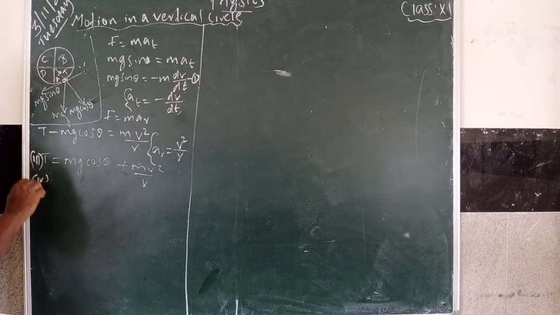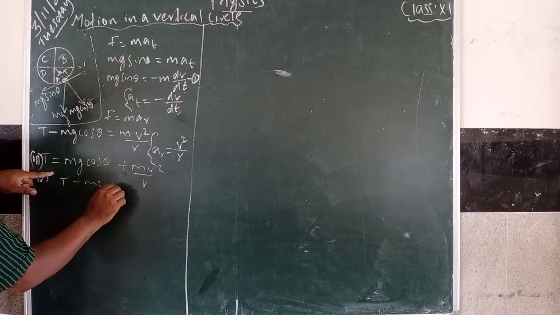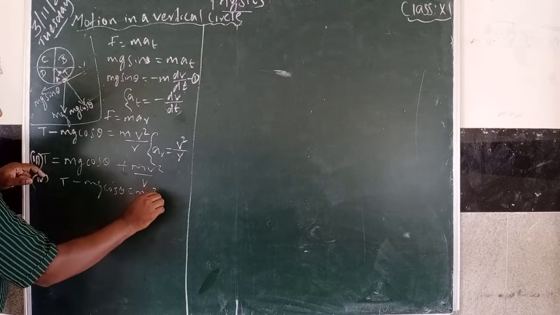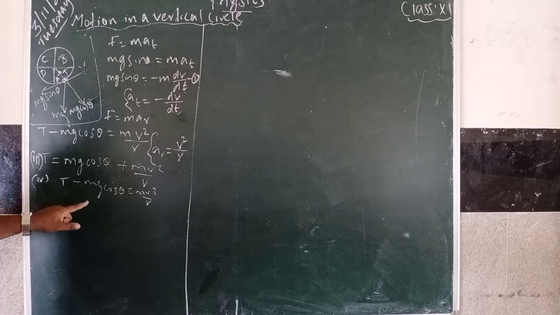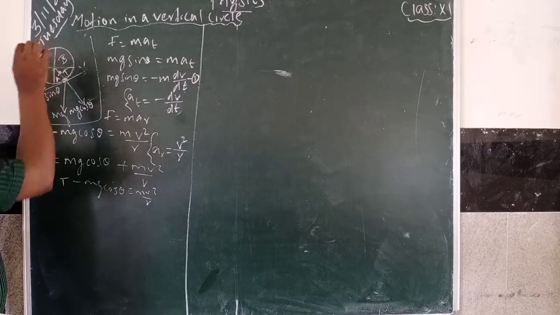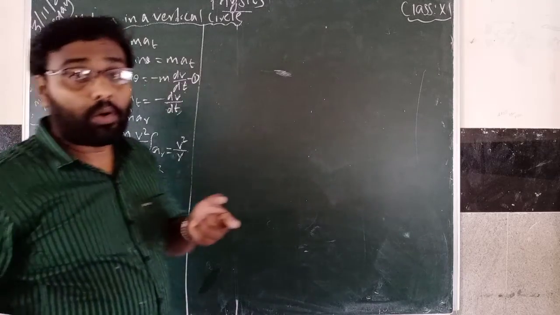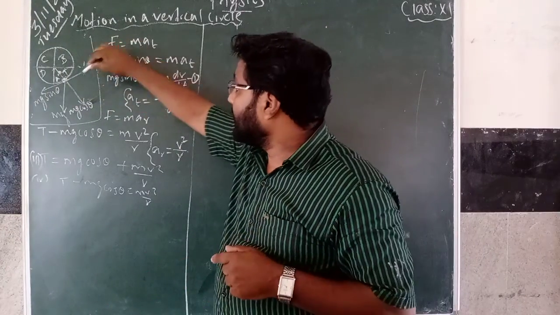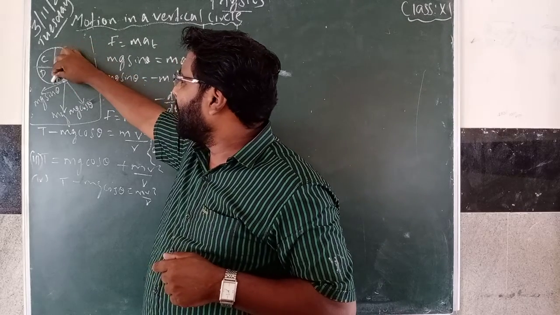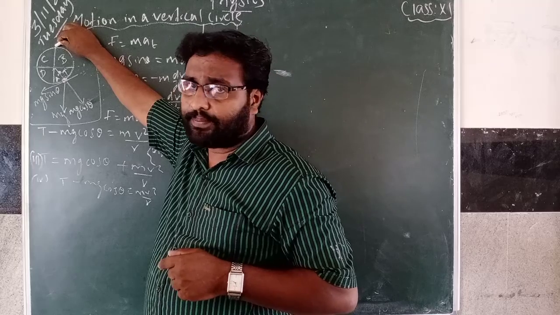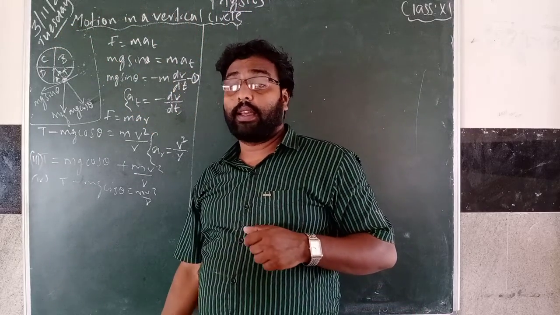So this is the third point. The fourth point is from this equation, T minus mg cos theta equal to mv square by r. This equation shows T minus mg cos theta, so it shows mg cos theta is opposite to T. That means when the mass is at this point, tension will be in that direction and mg cos theta in the downward direction.